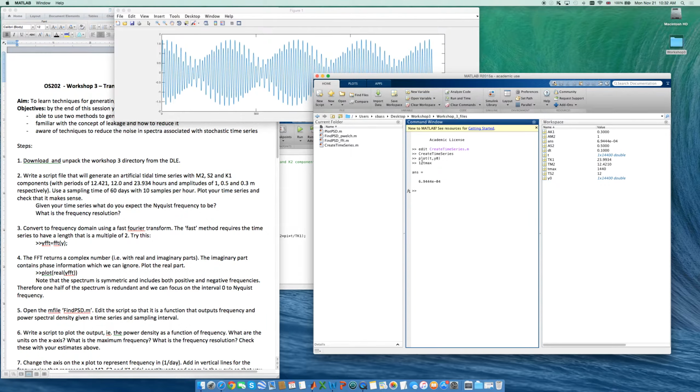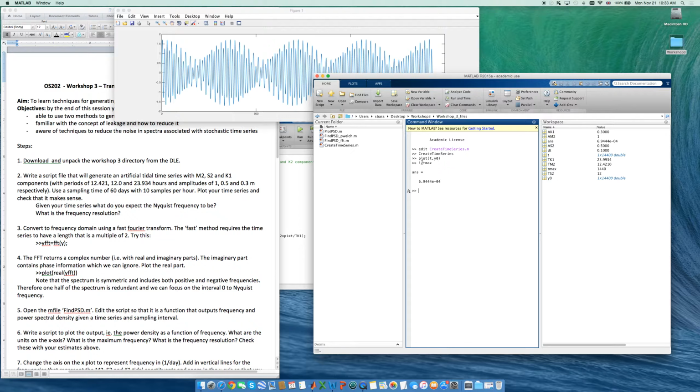We should expect then that the spectrum will have a resolution of 6.9 times 10 to the minus 4 on the frequency axis. So every point on our spectrum will be separated by frequencies of 1 over T max, and that will also be the lowest frequency that we can resolve.